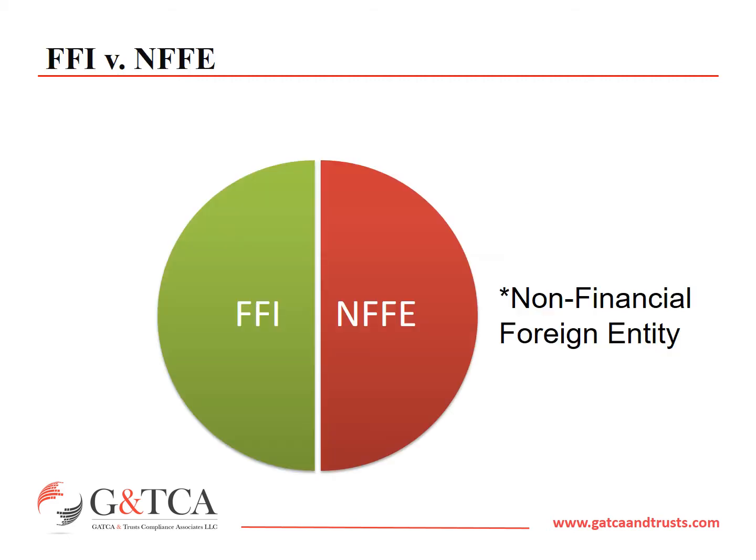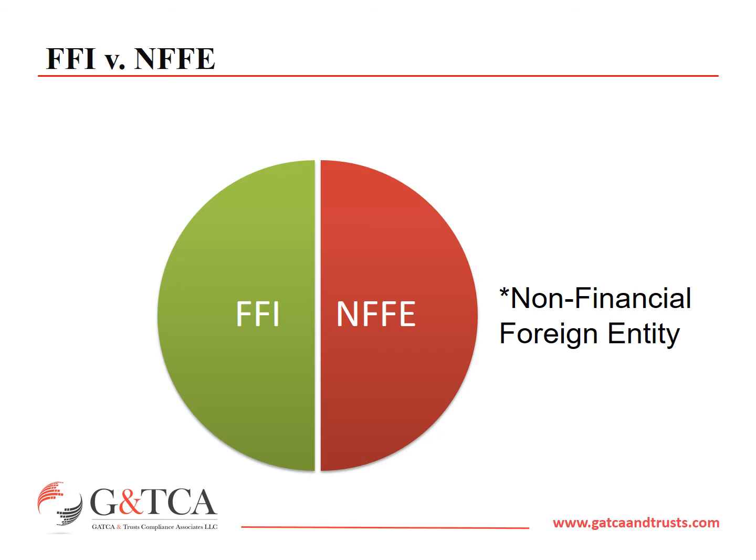We've already seen that FATCA imposes reporting obligations on FFIs, foreign financial institutions. Specifically, FFIs are required to report their US account holders and details about those accounts to the IRS. Now, FATCA actually divides the entire universe of non-US entities into two and only two main categories: FFIs on the one hand and so-called non-financial foreign entities, or NFFEs, on the other.